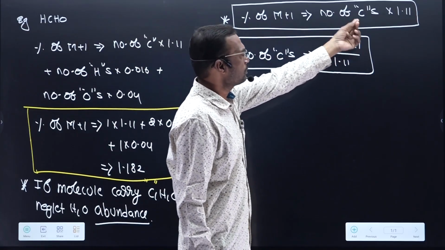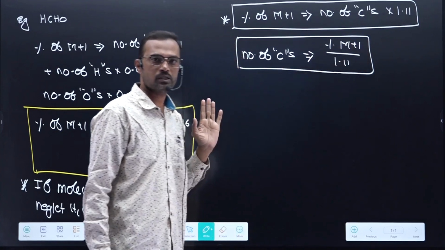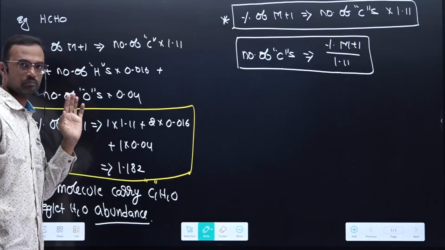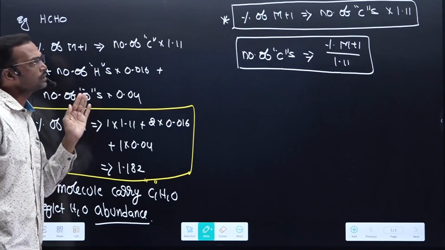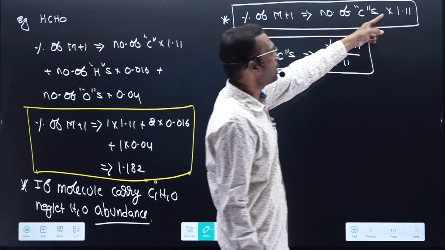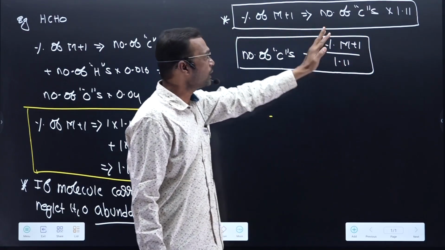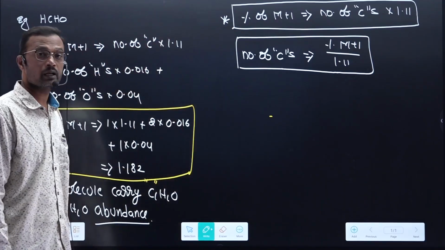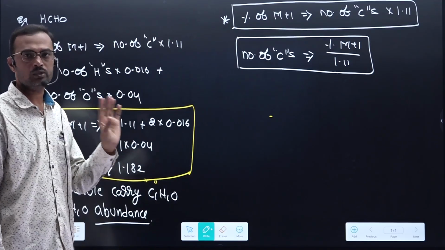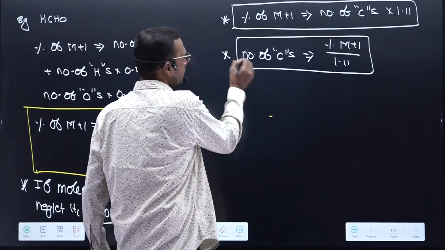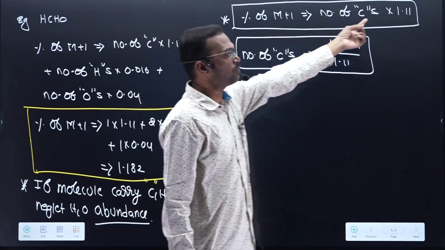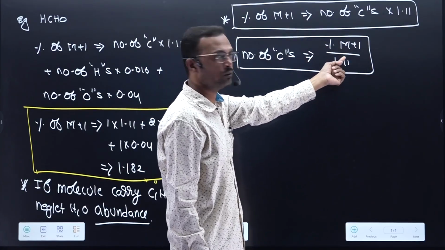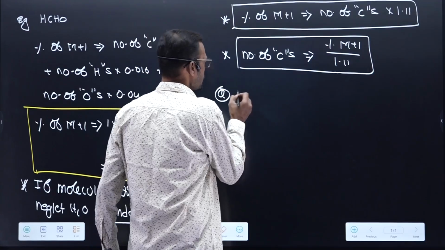In this M+1, some hydrogen, oxygen abundance is there, but that abundance we can neglect, because its contribution is very poor, and the leftover value belongs to carbon only. So with the help of M+1 peak intensity, one can easily identify how many carbons are present in a given unknown sample. Formula is percentage of M+1 is equal to number of carbons multiplied by 1.11, and here also the same: divide by 1.11, percentage of M+1 by 1.11. Okay. So here see one question.